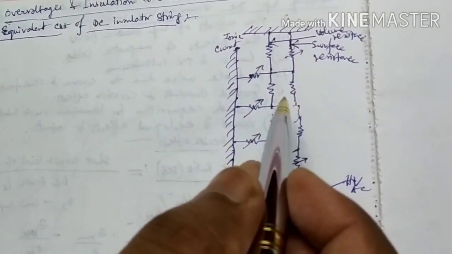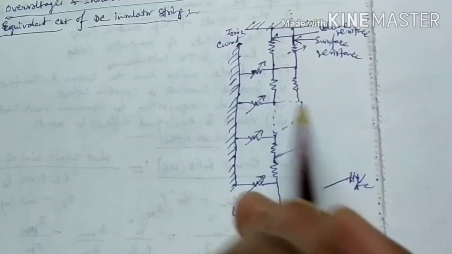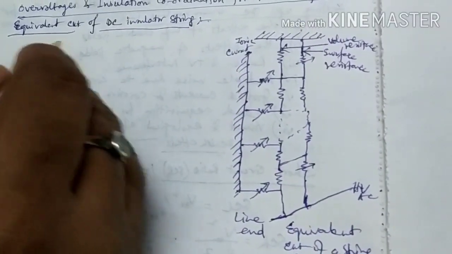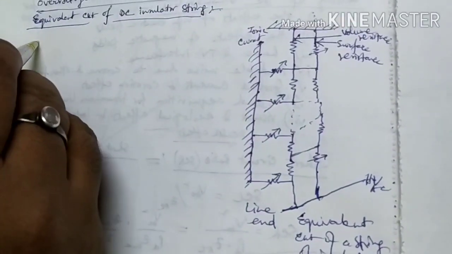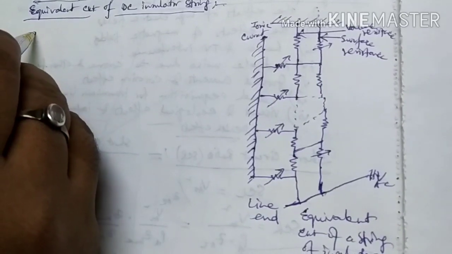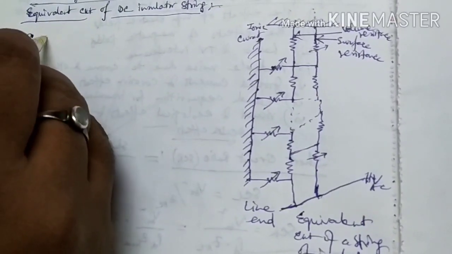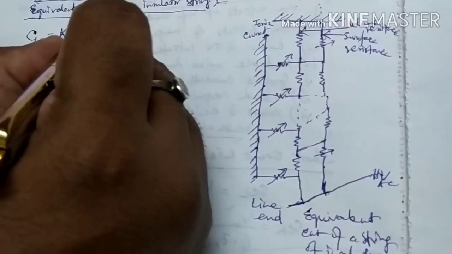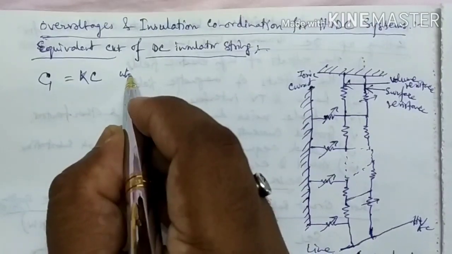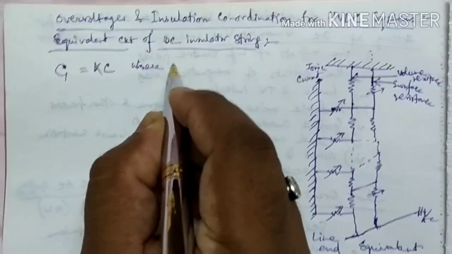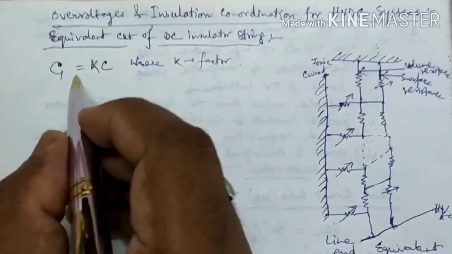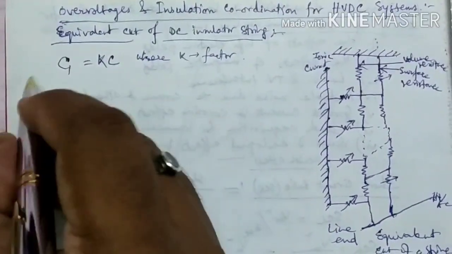Consider the equivalent circuit diagram for 3 discs and where the capacitor of each unit is C. So that is C1, that is equal to Kc, where K is the factor, and C1 is the capacitor of each line, that is the shunt capacitor.